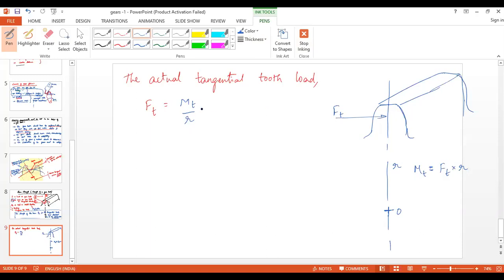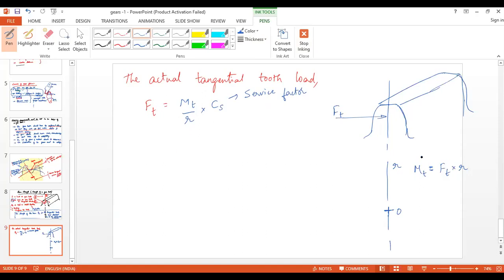And for this, we will consider a service factor which is known as Cs. Service factor is a constant which is used to accommodate the continuous operation of the gear wheel.